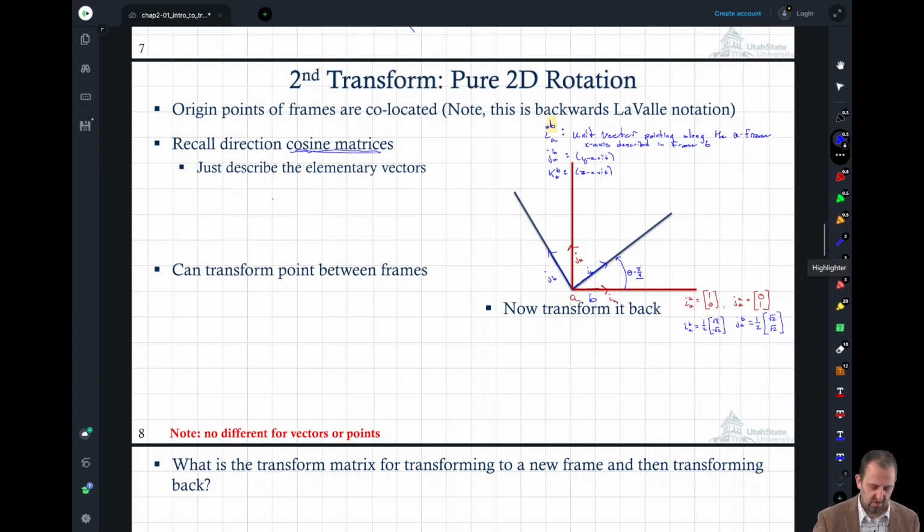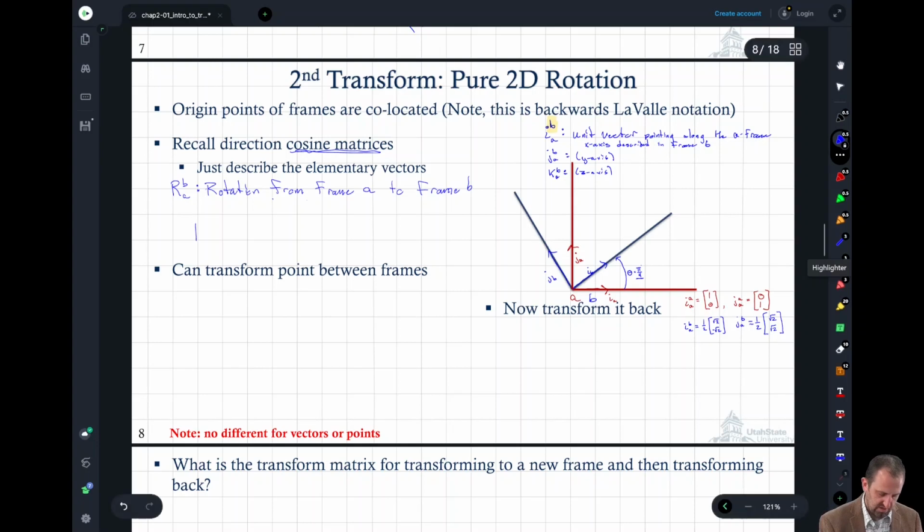So this nice direction cosine matrix, we'll see where cosine pops up here in just a second. But we're going to define our notation, R from A to B. This is going to be the rotation matrix from frame A to frame B. So we're defining that rotation from frame A to frame B.